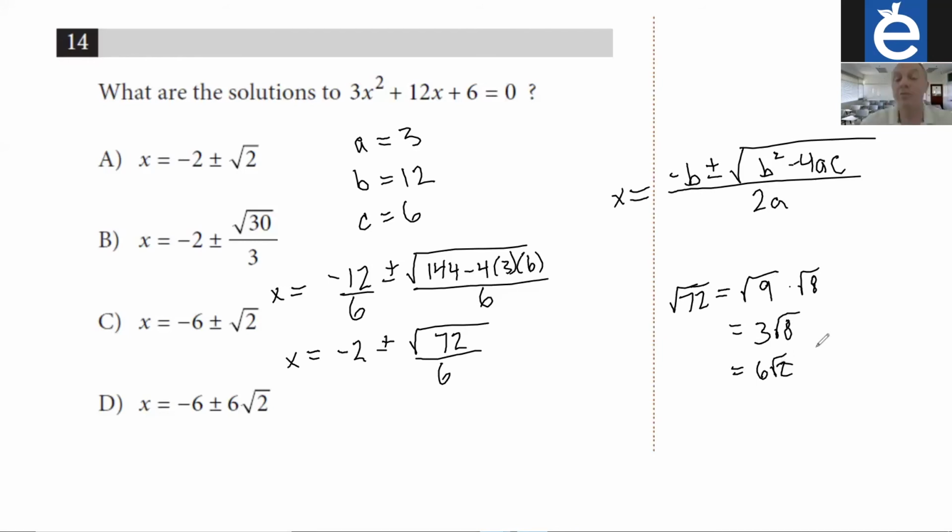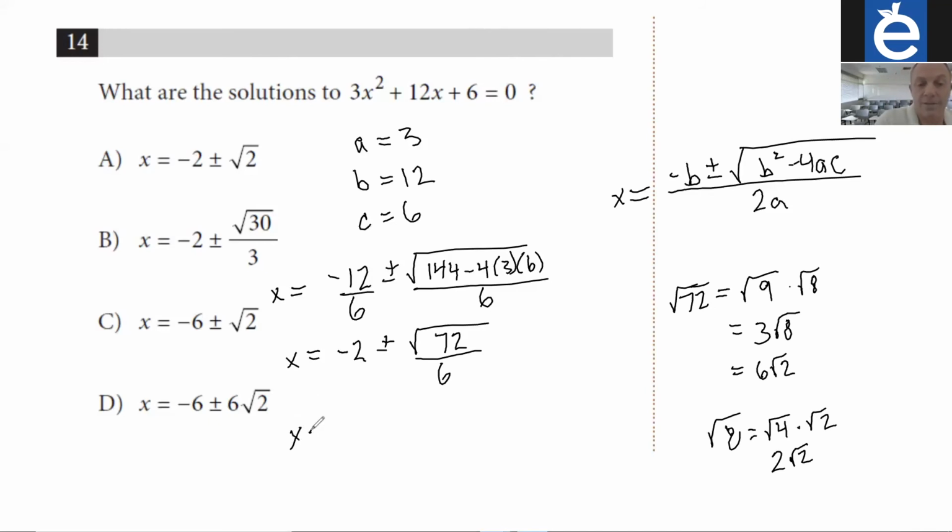Just for my teaching style, this is how I teach. If we need to slow down on that, we can take a moment and talk about simplifying radicals. For instance, radical 8 is radical 4 times radical 2. Radical 4 is a whole 2, so that's 2 rad 2, and that comes out. Any of this stuff can be broken down as we go.